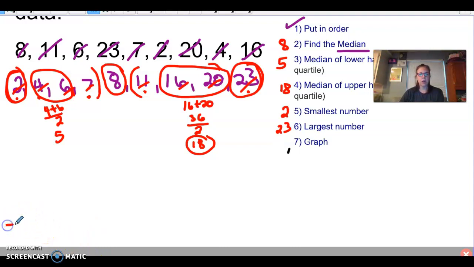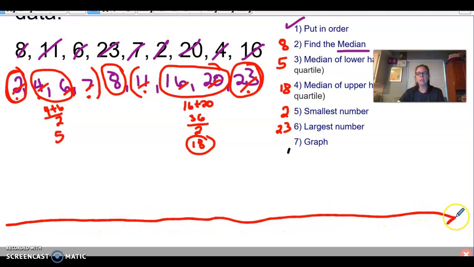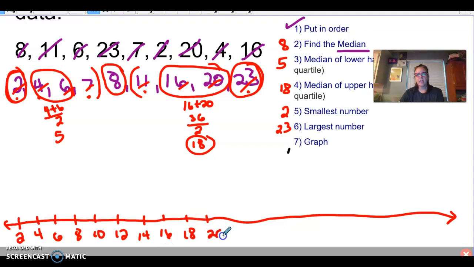All right, so I'm going to draw a number line. It does not have to be perfect. As you can tell, mine is not straight. Make sure you put arrows so we know it keeps going. Okay, I'm just going to start at 2, and I'm going to go by 2s. 2, 4, 6, 8, 10, 12, 14, 16, 18, 20, 22, 24.